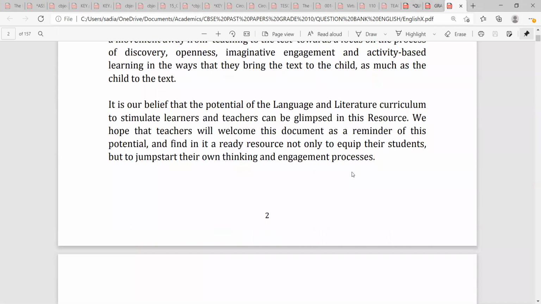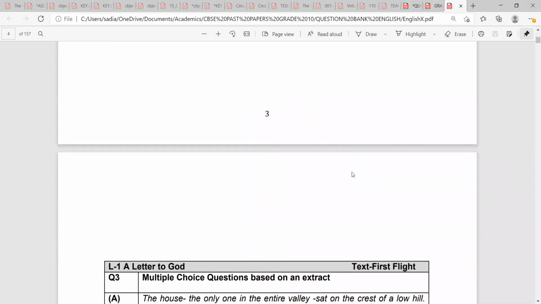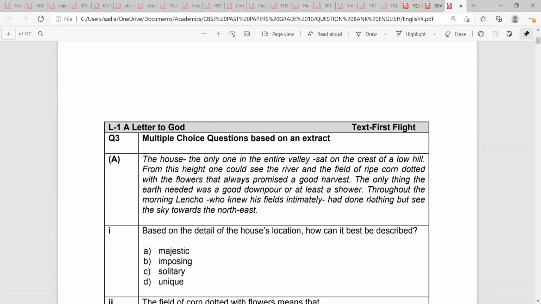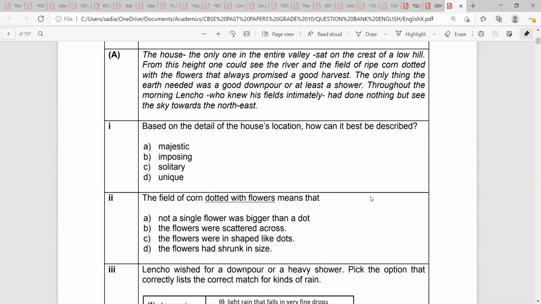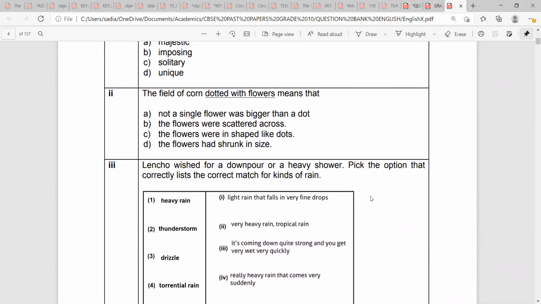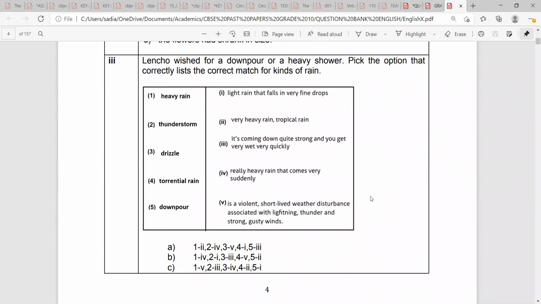I'll forward and begin with First Flight. Lesson 1, A Letter to God. You're requested to pause the video and read whichever part seems relevant to you.